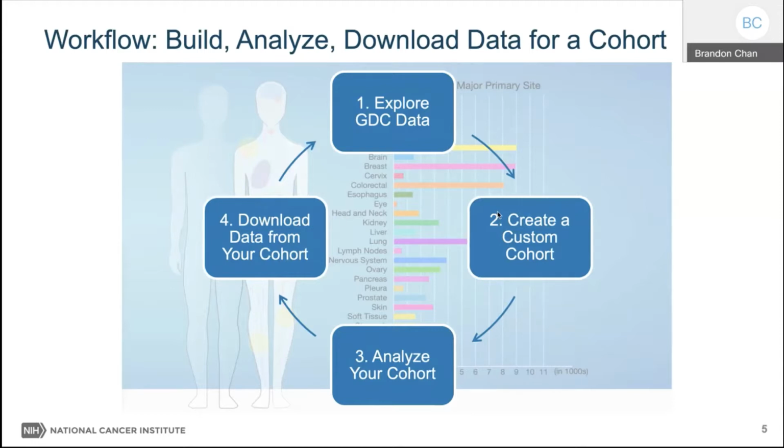You'll want to see what's there before you build your cohort. Once you filter down and reduce to the set of data that you want, then you'll build that cohort and you'll save it. Once you've saved it, then you'll want to analyze it with the tools that we have available. And then finally, as part of that analysis, maybe you want to dive deeper into that data, and then we will show you how to download that.